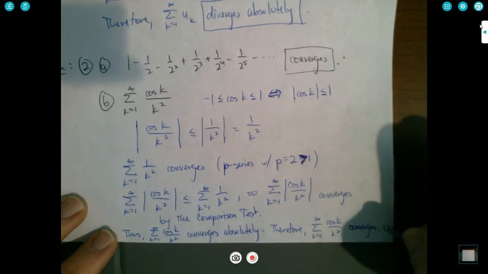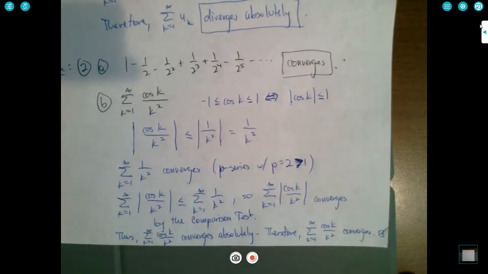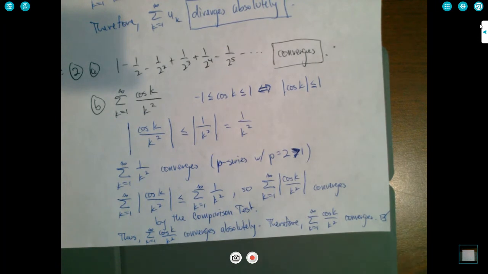Whew. All right, so I managed to squeeze it in. But there you go, so there's the justification.